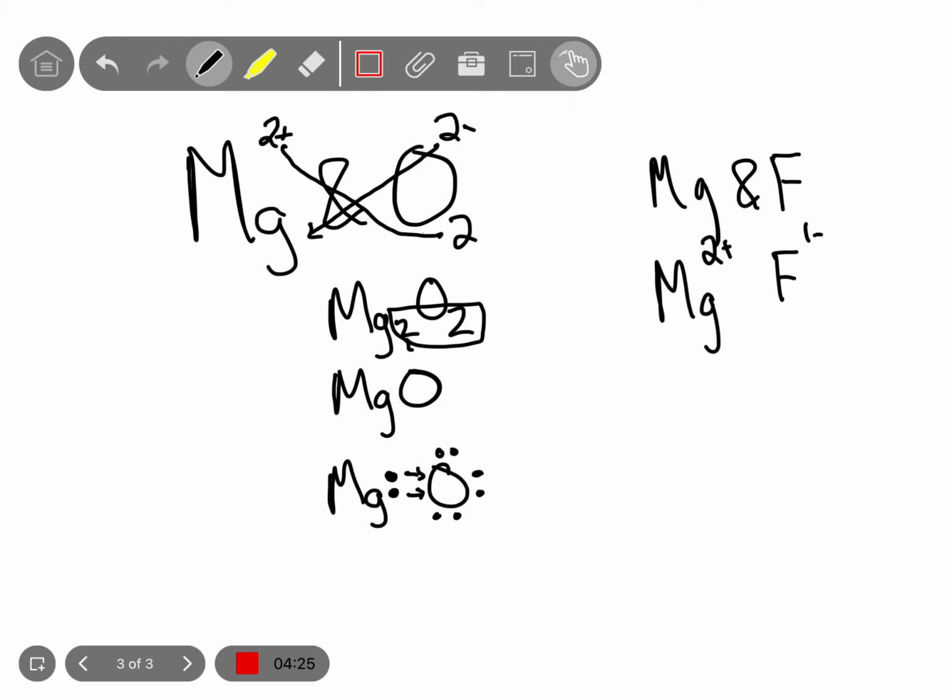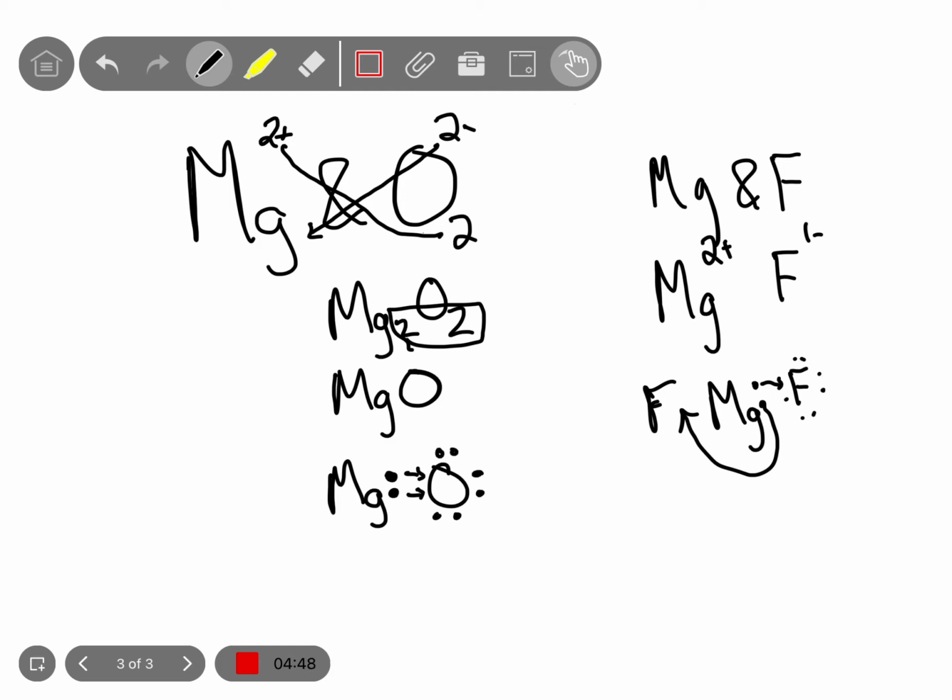So this creates a little bit of a problem. We can see this with the Lewis dot structure. Fluorine only wants to gain 1 more electron, but magnesium has 2, so we can only transfer 1 to it. So what do? Well, we need another fluorine to give that other electron to.